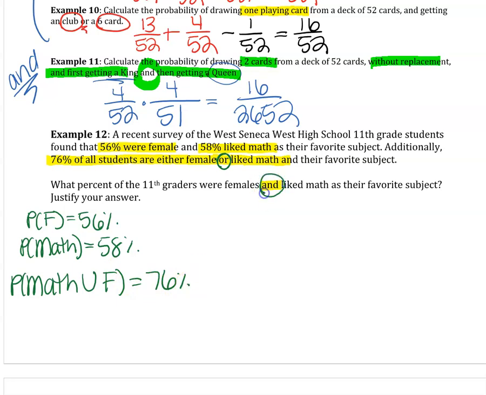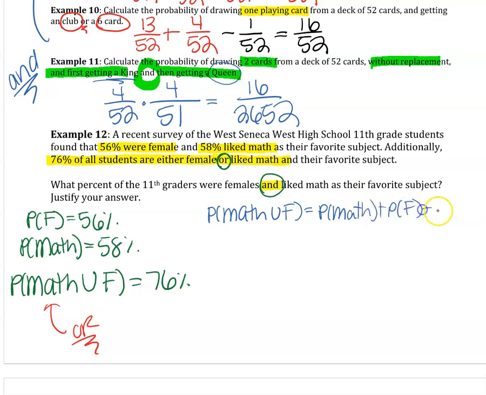They want me to solve for the and. So because they gave me an or here, that's giving me a hint to then just use my or formula. So I'm going to write out my or formula. So probability of math or female equals probability of math plus probability of female minus, and I'll just do the little and symbol for the both where they overlap.